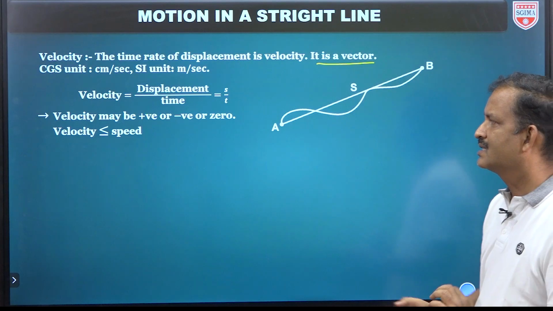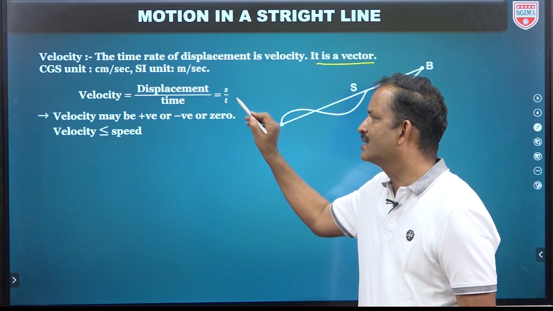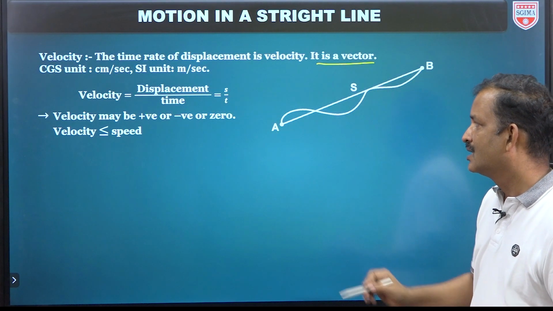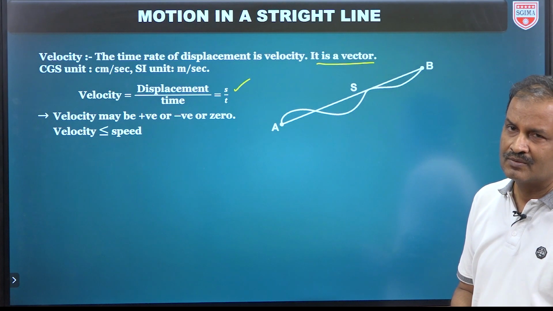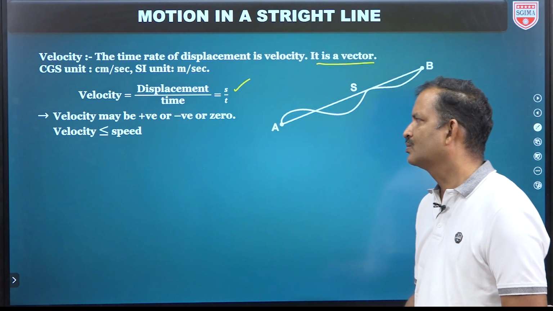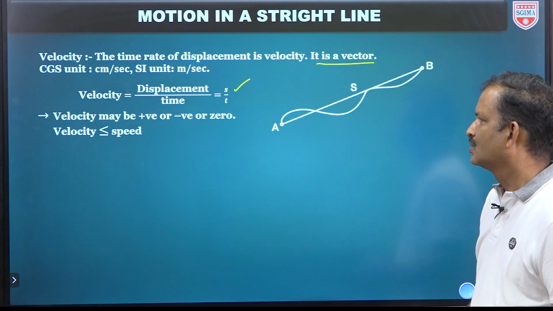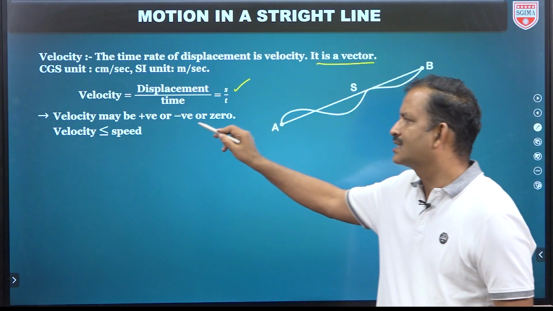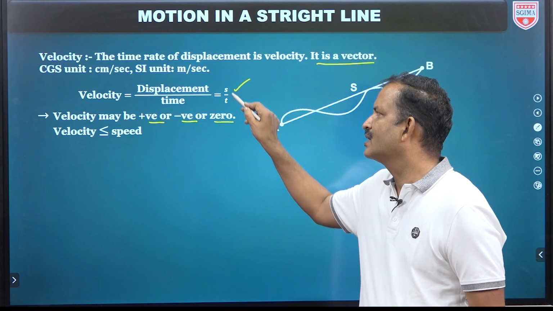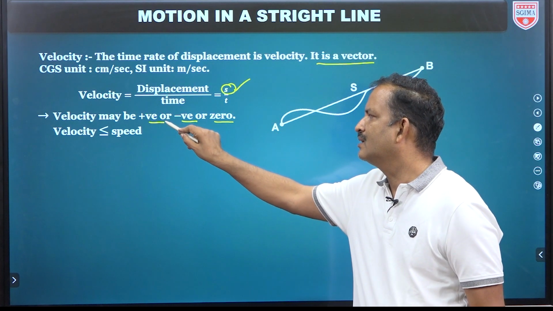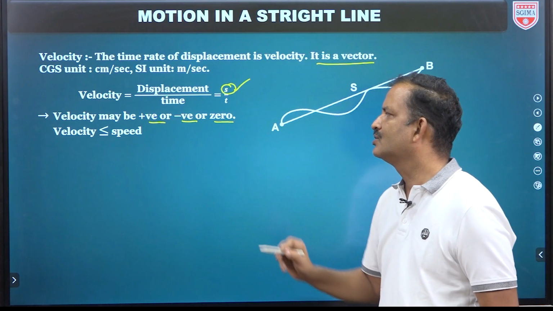But velocity is displacement by time. Displacement may be positive, negative, or 0. So velocity may be positive, negative, or 0 based on the displacement.